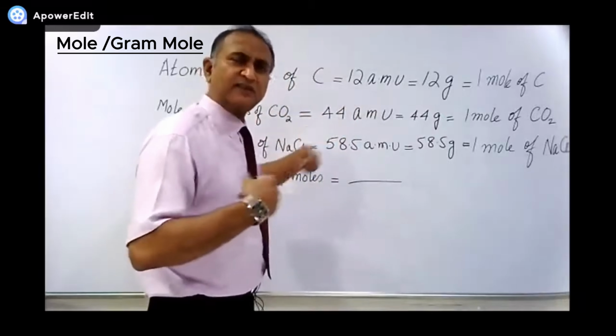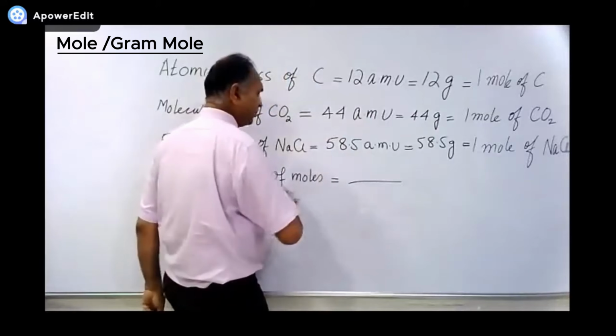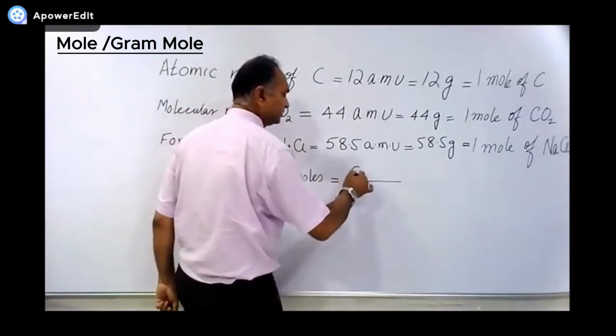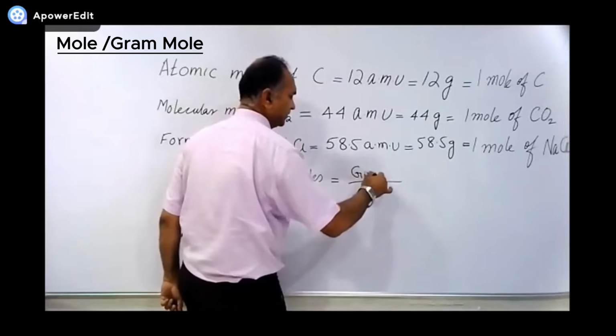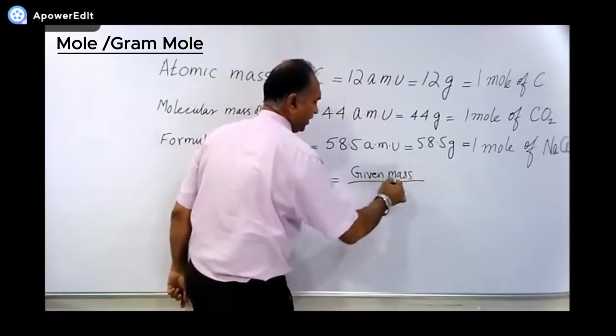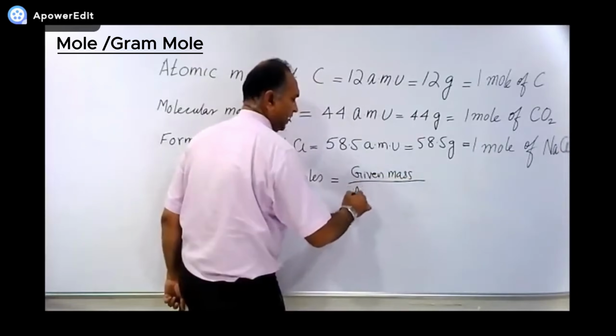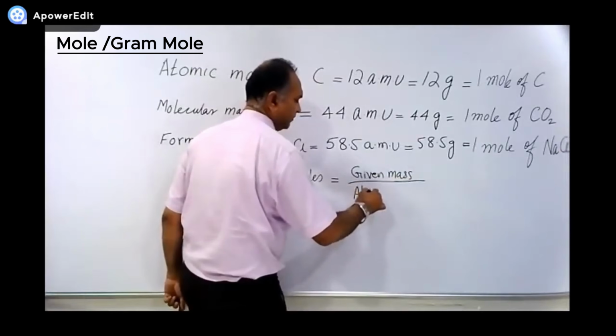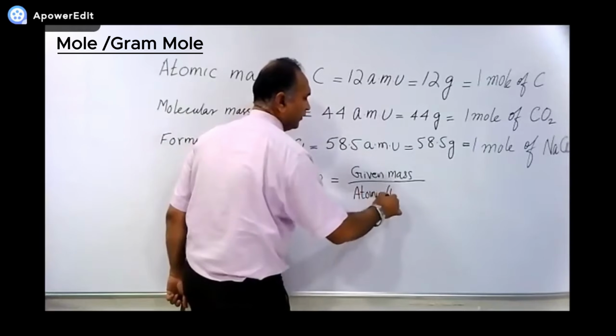Conceptually, both the things are the same. So what is the formula here? Number of moles is equal to given mass upon atomic or formula mass.